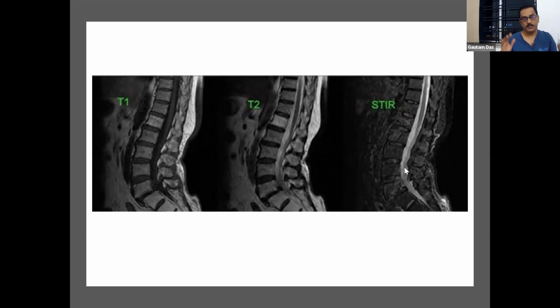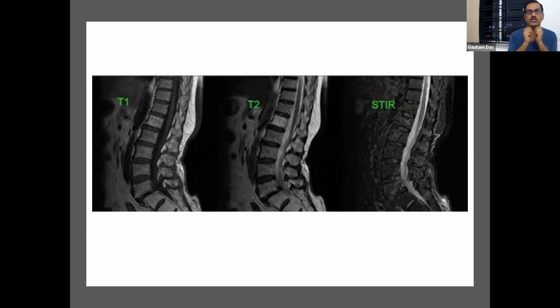So remember, there are a few things in the different kinds of image: T1, T2, STIR. Another is your contrast enhanced. So in the contrast, whatever structures will be taking the contrast. Which contrast? It is the gadolinium, and that is why it is also called the gadolinium enhanced image. So which structures will be uptaking the gadolinium?